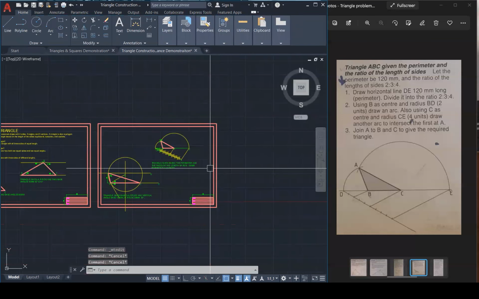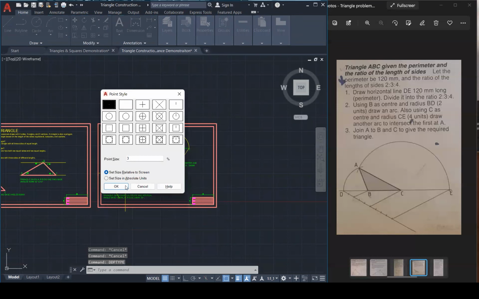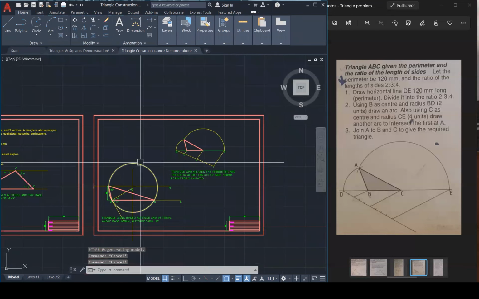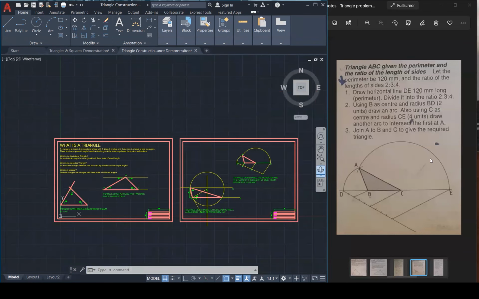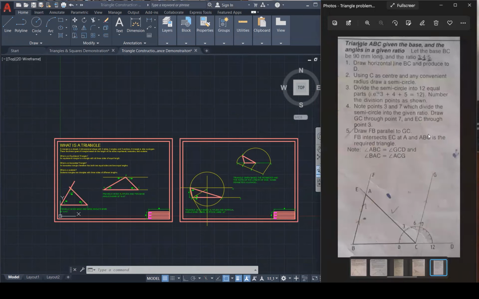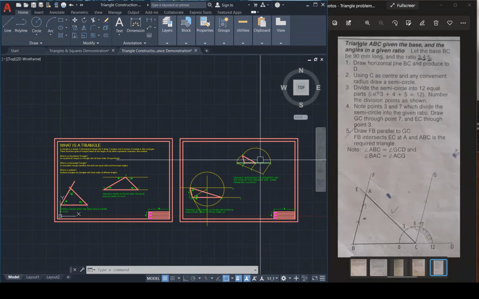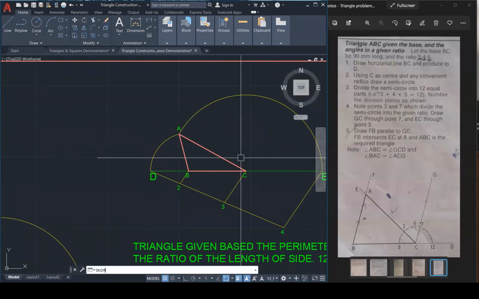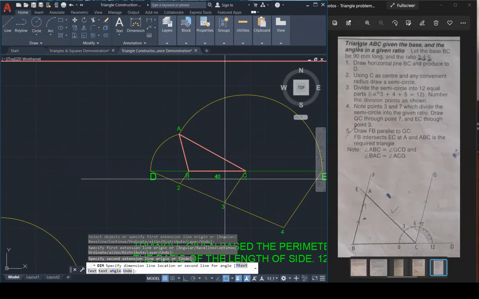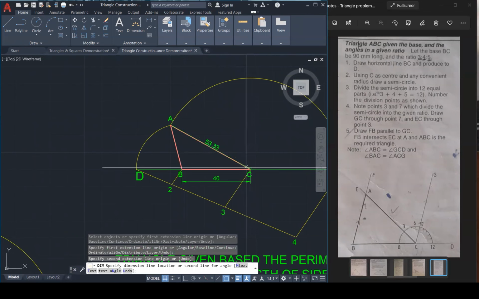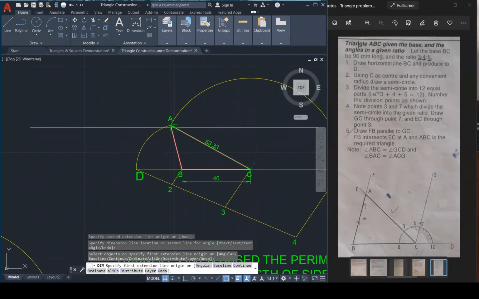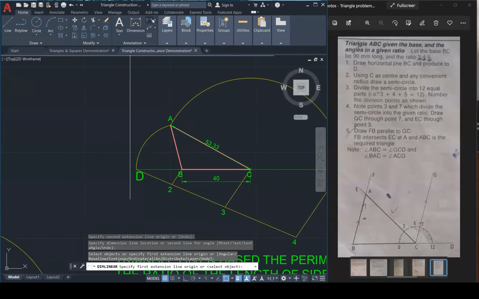All right. Let me take down my points. I don't think I need them anymore. And that's done there. And I think we need to do one more. Yeah. And then we'll be finished. But what I can do at this stage is dimension at this stage before we go on to the last one. So it's 40. Let me align these dimensions.